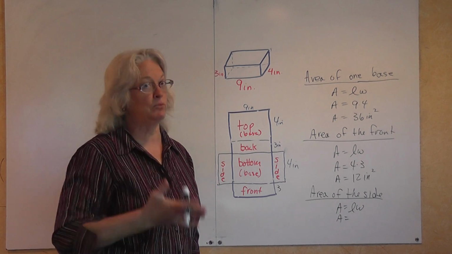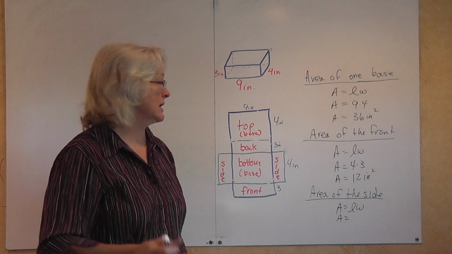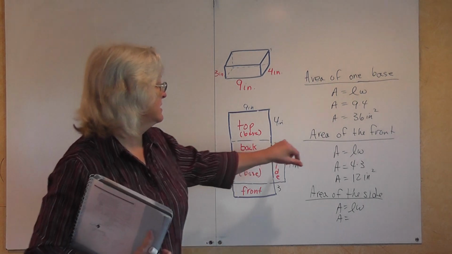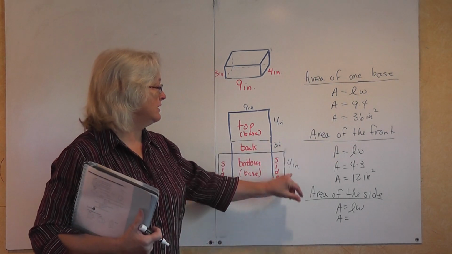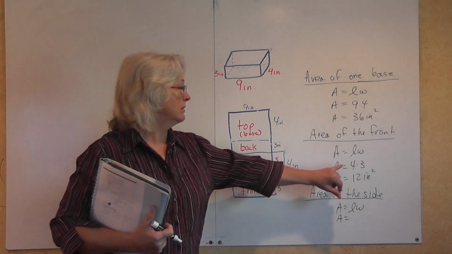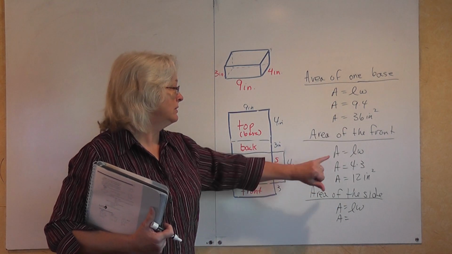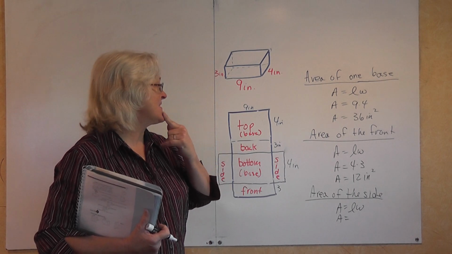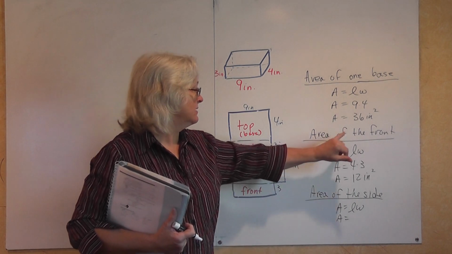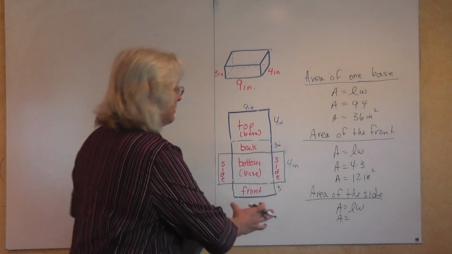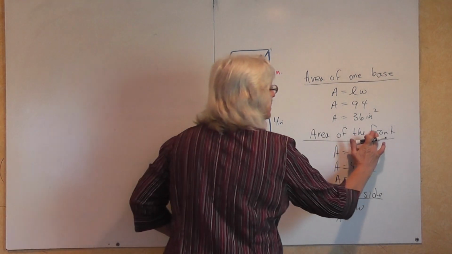Okay, I'm not going to redo this lecture. When I said area of the front, I was actually giving you the area of the side when I said 4 times 3. Rewind here, and let's say that instead of the area of the front, this is the area of the side.